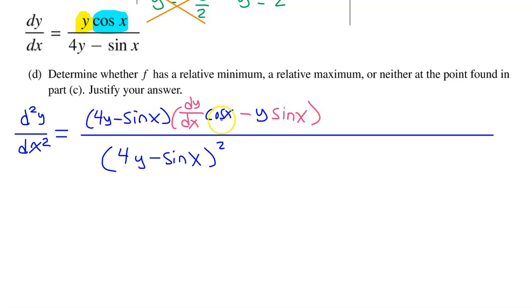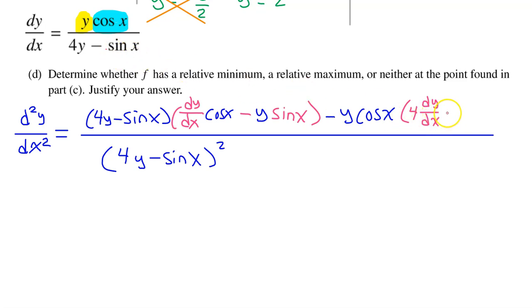So this is low d high. Less means subtraction. And now it's high d low. High means just copy down the numerator, y cosine x. D low is the derivative of the denominator. The derivative of 4y with respect to x is 4 dy dx.